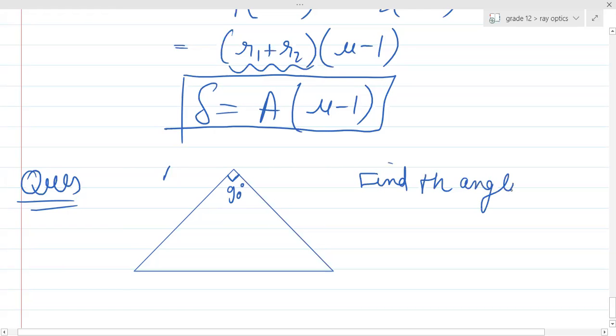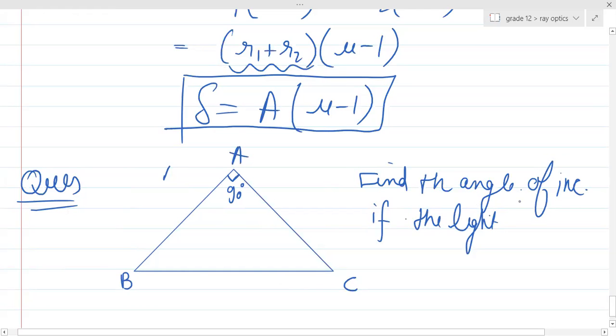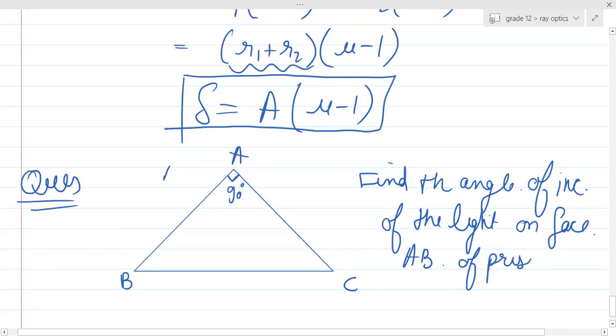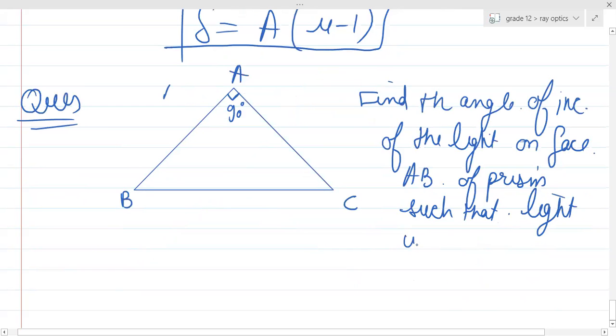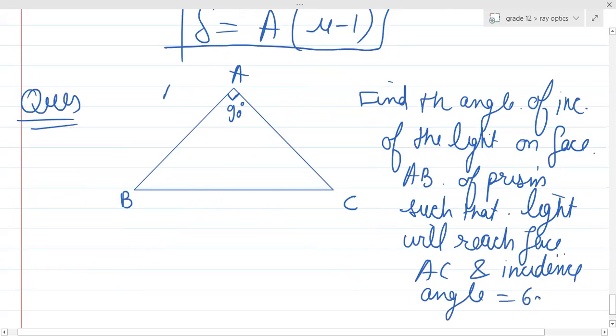Now the question is, find the angle of incidence of the light ray on face AB of prism such that light will reach face AC at an incidence angle equal to 60 degrees.